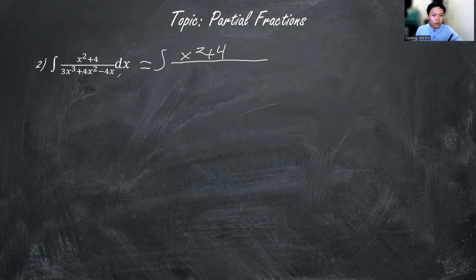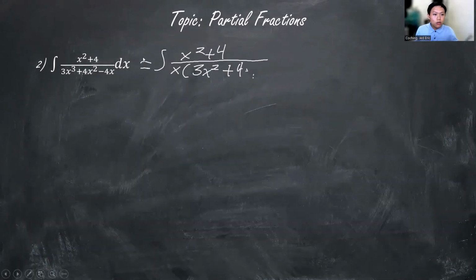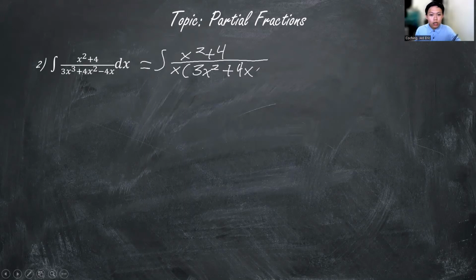As all of them have x, so x times 3x squared plus 4x, no, x squared plus 4x, oh no, something's wrong, wait, undo, x squared, x plus 4x minus 4 over dx.